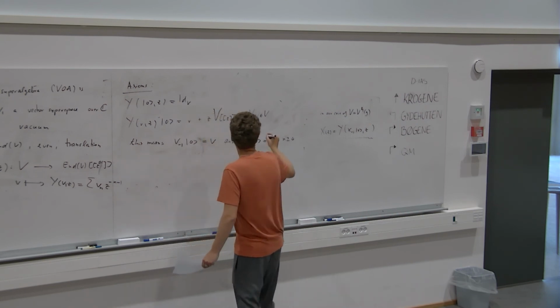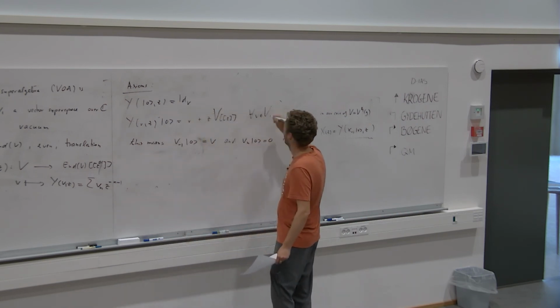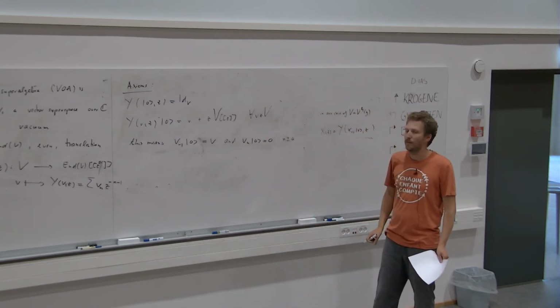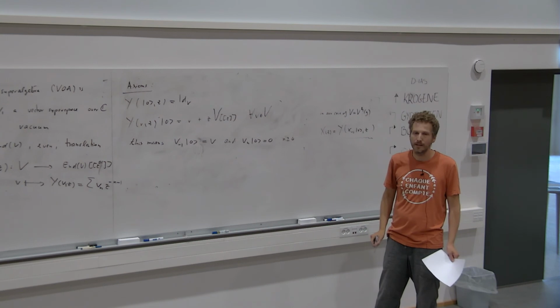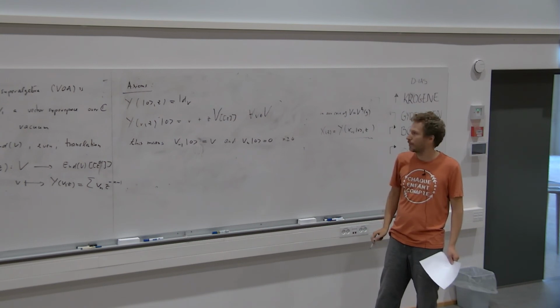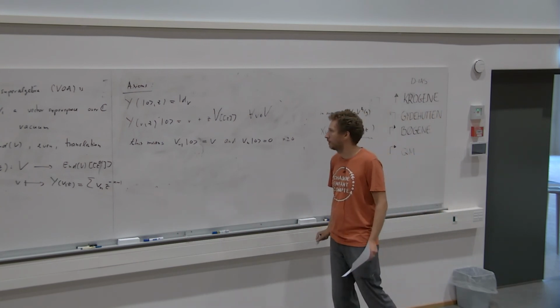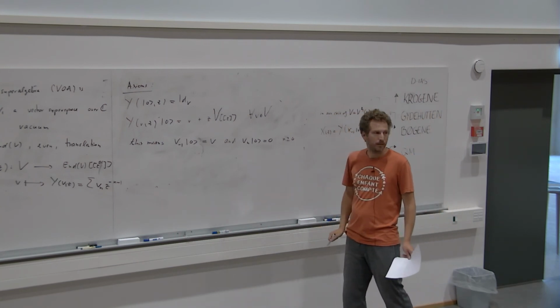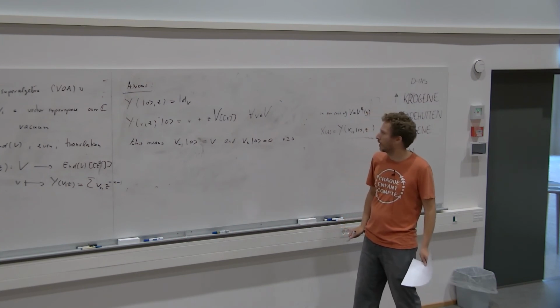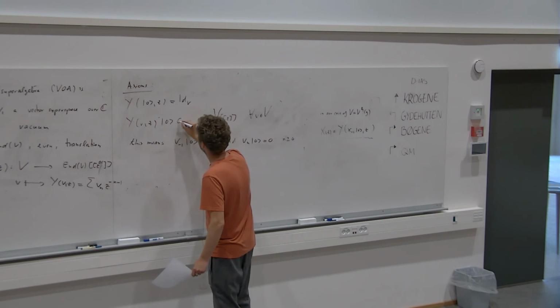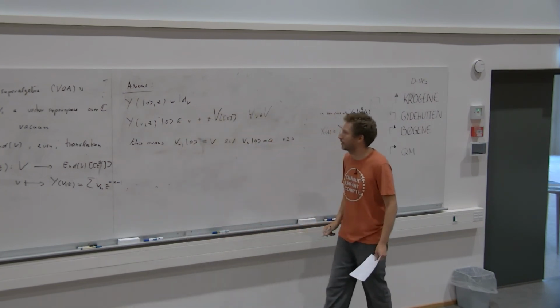Capital V is a space. So it just means it gives you v modulo that space. Strictly speaking, it should say belongs to. Absolutely, it's in the space.